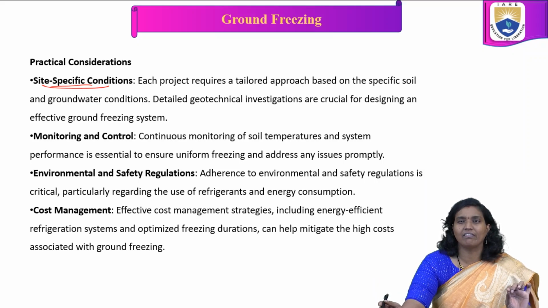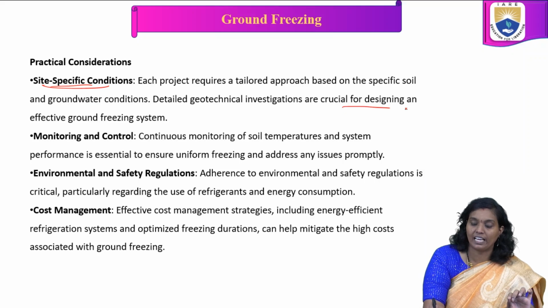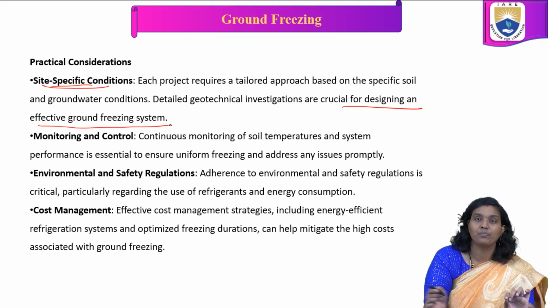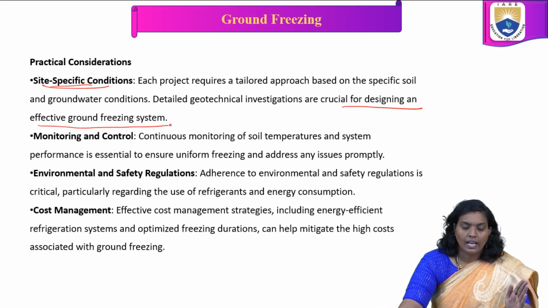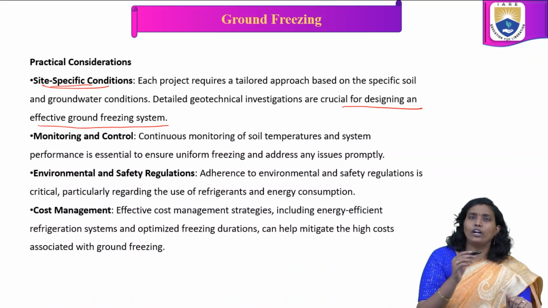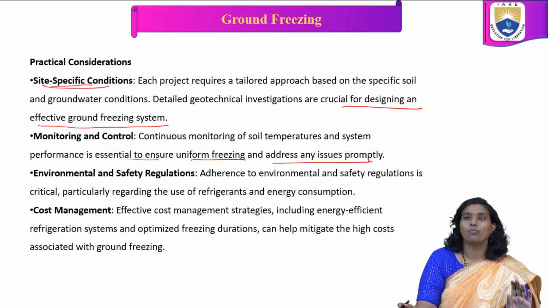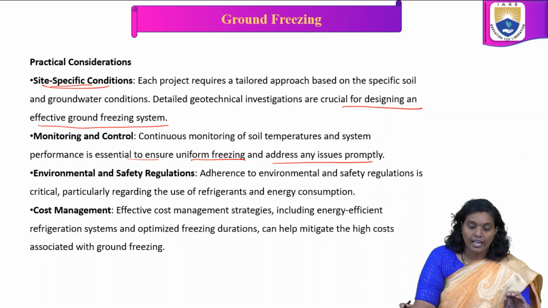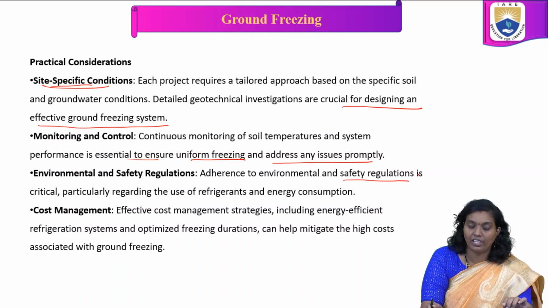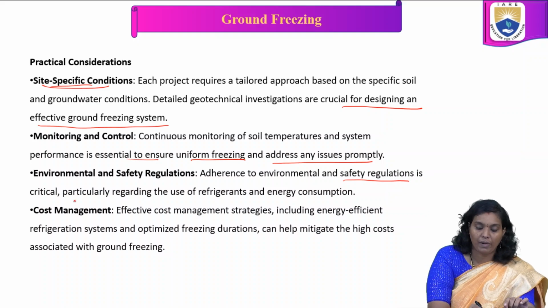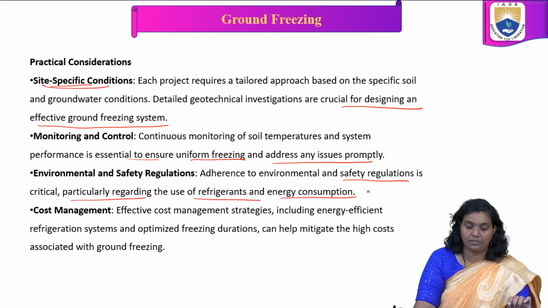Detailed geotechnical investigations are crucial for designing an effective ground freezing system. In monitoring and control, continuous monitoring of soil temperatures and system performance is essential to ensure uniform freezing and address any issues promptly. Environmental and safety regulations: adherence is crucial, particularly regarding the use of refrigerants and energy consumption.